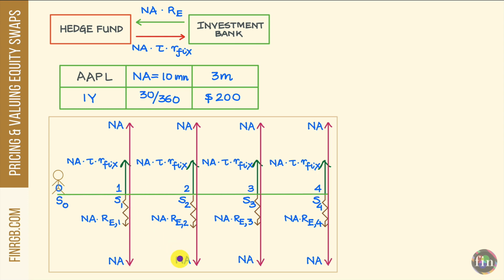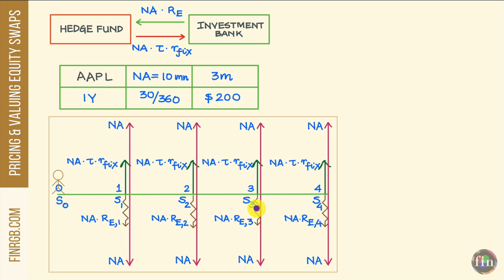This is because at this point in time, these many dollars would get you NA over S1 shares, right? At this point in time, if you were to liquidate this position, you will get NA over S1 times S2, which is basically the sum total of these two cash flows, the liquidation value that we just talked about.